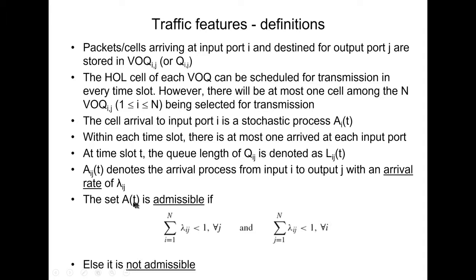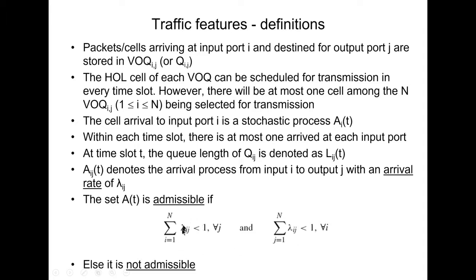So the set A(t) is admissible if the sum of lambda ij over all the queues located at input i is less than 1 for each i, and when the sum for j from 1 to n of lambda ij, for each input i and summing on all the j's, is less than 1. And this is the condition on the output.